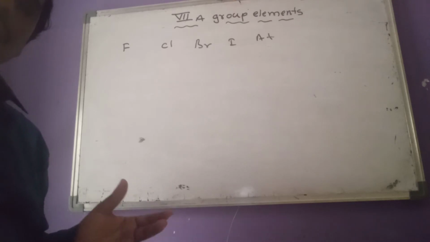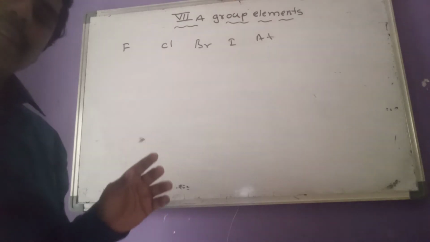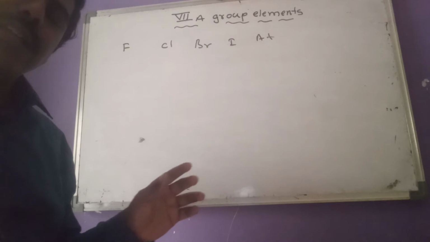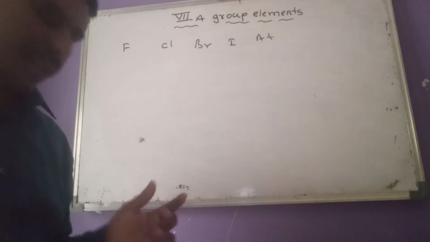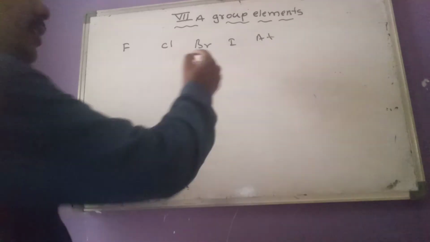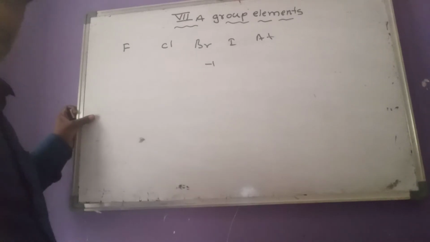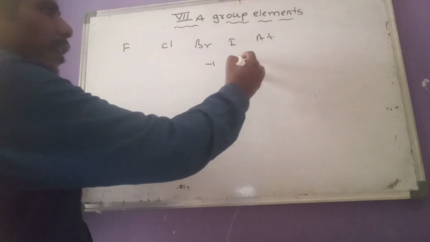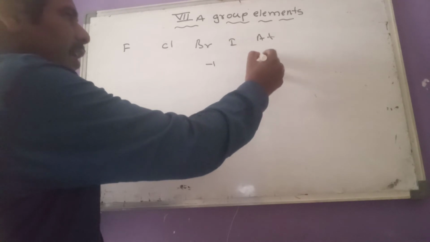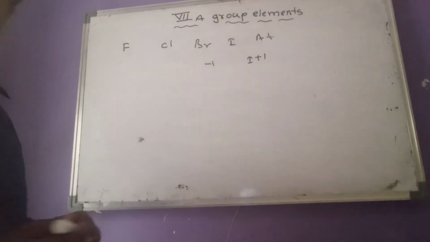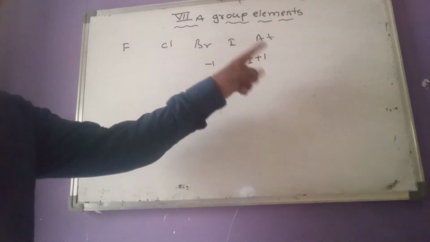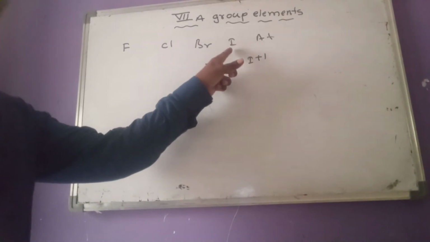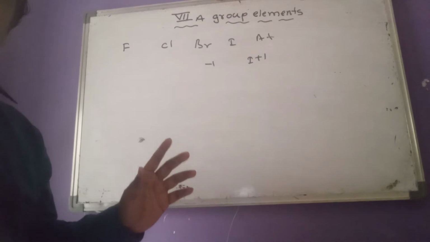And what is the speciality of iodine? Generally all halogens, due to the ns2 np5 general configuration, always gain one electron and exhibit -1 oxidation state. But iodine exists as I+ by losing one electron. And by losing one electron, it acts as a reducing halogen.